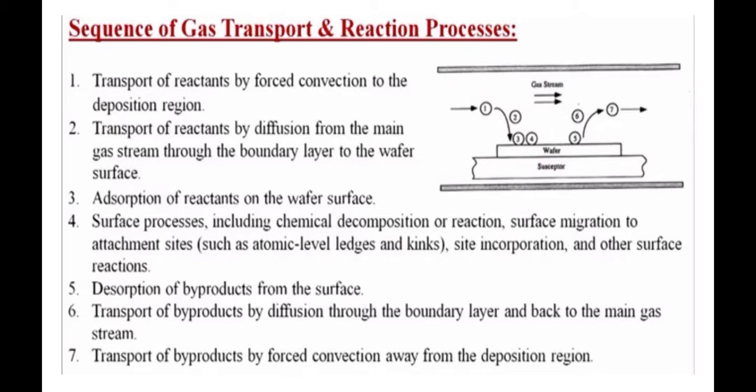Then desorption of byproduct from the surface, transport of byproduct by diffusion through the boundary layer and back to the main gas stream, and transport of byproduct by forced convection away from the deposition region. So not only does the carrier gas help bring the reaction gas inside the chamber, sometimes it also takes the byproducts, meaning waste material, created in the sealed chamber out of the chamber itself.